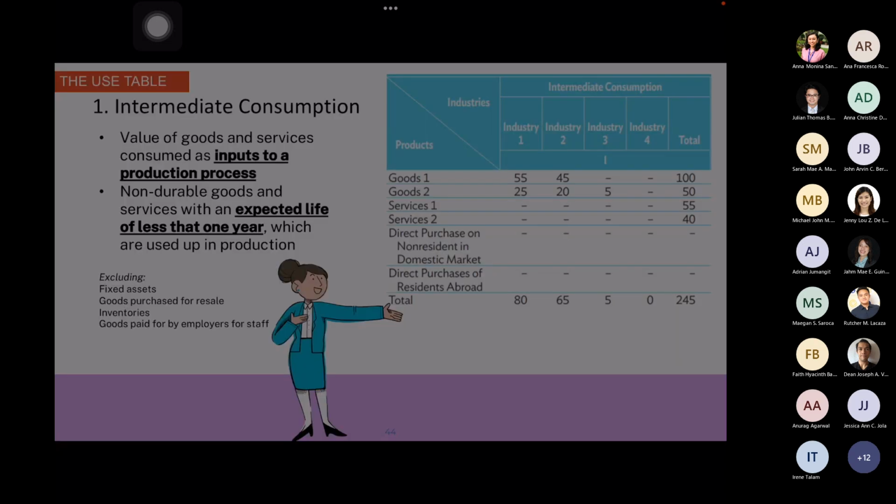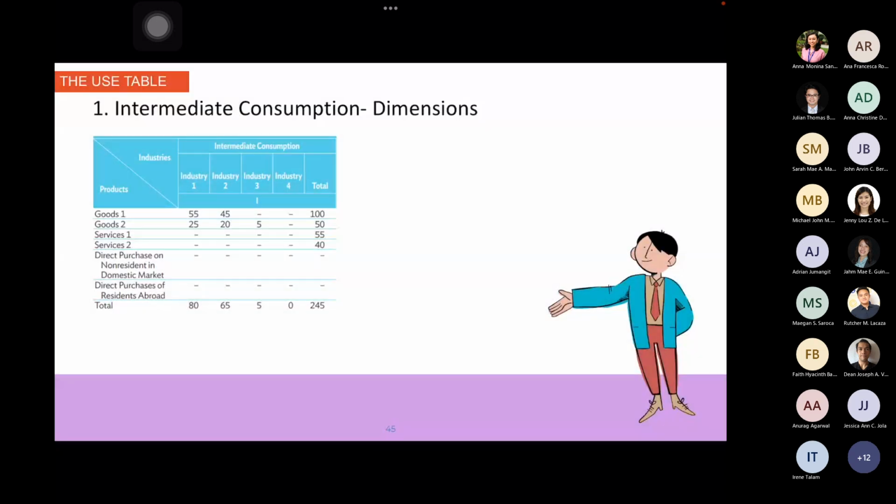Okay. So we have here the dimensions of the intermediate consumption. So looking row-wise, we observe how a good or service is used within domestic industries for their own respective production. So here we have goods one, let's say for fuel, and let's say industry one would be agriculture, and it uses $55 worth of fuel for production and is used as an input to be further processed into something else.